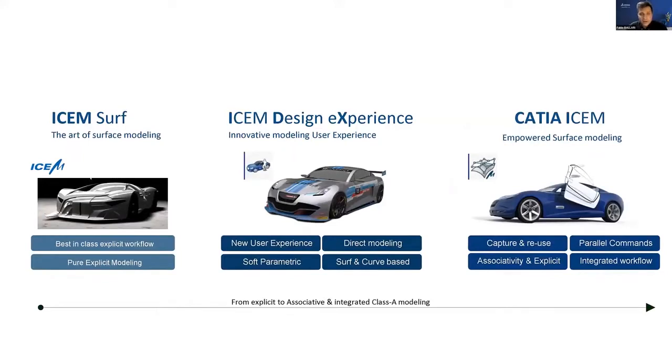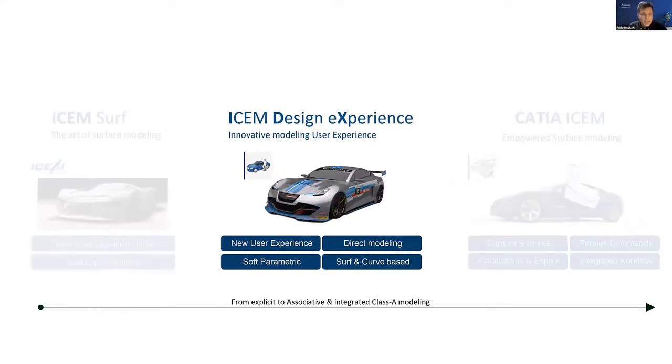On the left, we see ICEM Surf, which over the years has become the standard for automotive Class A and surface modeling. On the right, we have CATIA ICEM, which is the integrated version of ICEM Surf inside CATIA, providing associativity and parametric modeling combined with high-end surface quality standards. And today, we're going to focus on the recently released ICEM Design Experience.